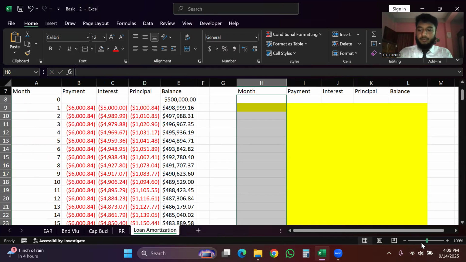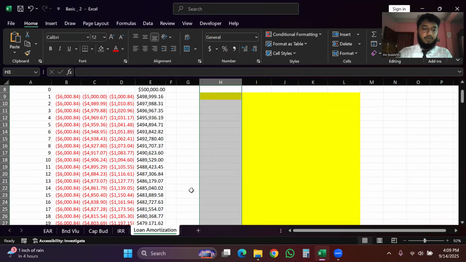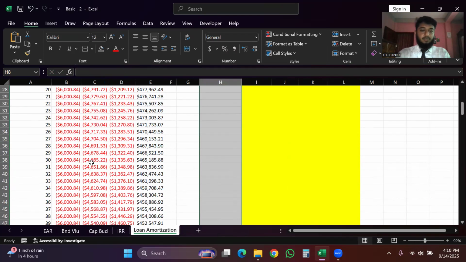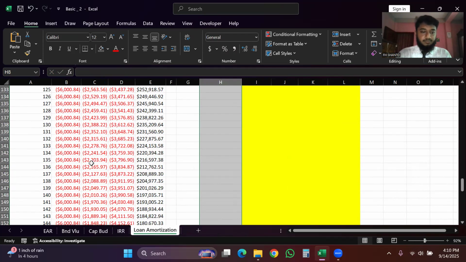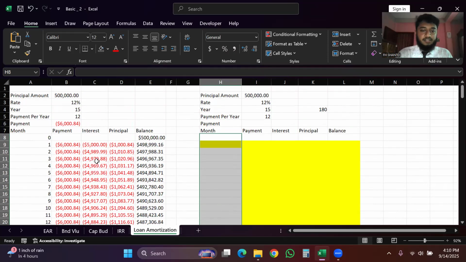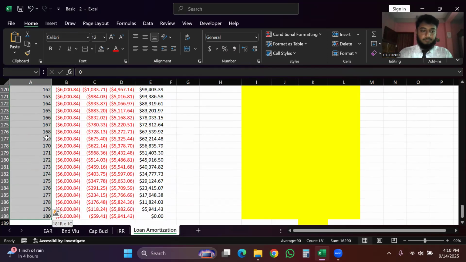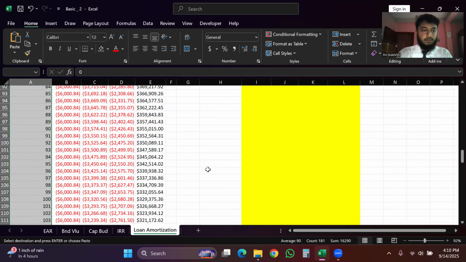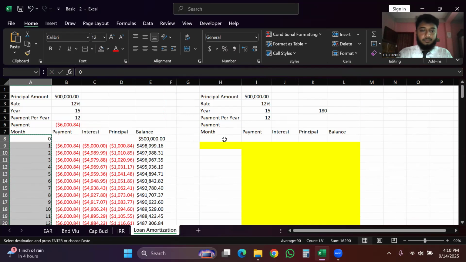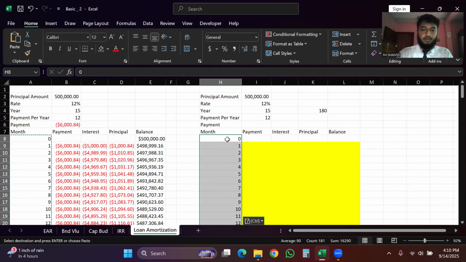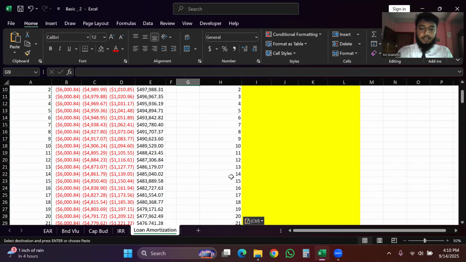Here is the term of loan amortization. How will we calculate the loan amortization? You can see this first loan amortization. I calculated it before for our easy understanding. The month is given.